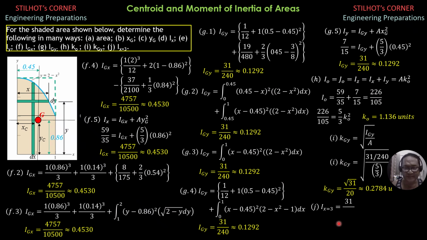So I with respect to x equals 3 equals I_GY, which is 31 over 240, plus area of the entire region 5/3, times 3 minus 0.45 quantity squared. That would be equal to 329 over 30, or approximately 10.967 units to the fourth.